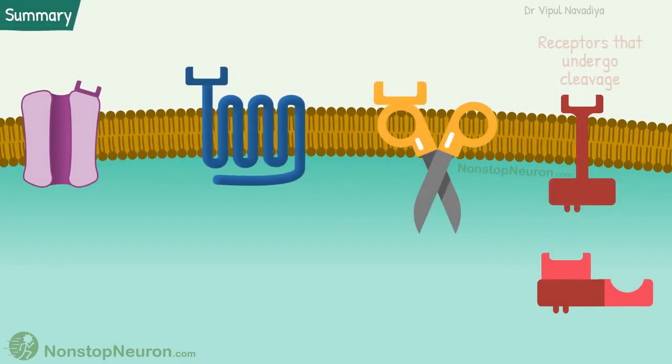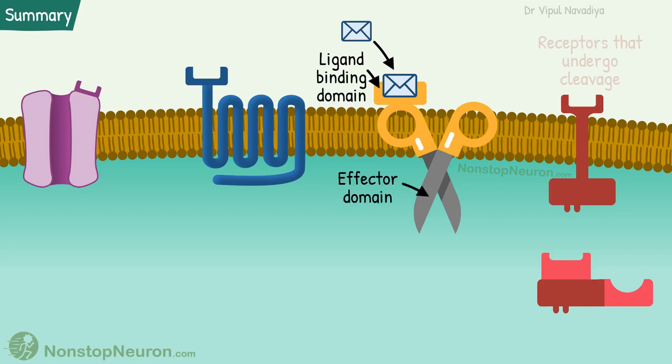Let's have a quick summary. Receptors receive signals from the cell's exterior. They have a ligand binding domain to recognize a specific ligand and an effector domain to produce the downstream events. Receptors for hydrophilic signal molecules are located on the cell membrane, and receptors for hydrophobic molecules are located inside the cell.